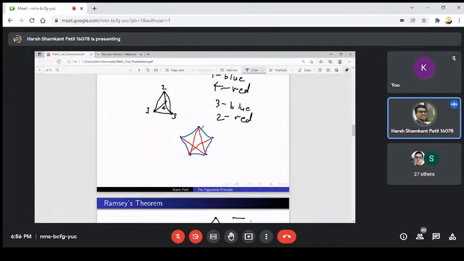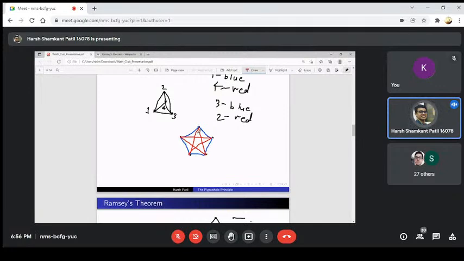This complete graph on 5 vertices, I've colored it just red and blue, and this has neither a blue triangle nor a red triangle.